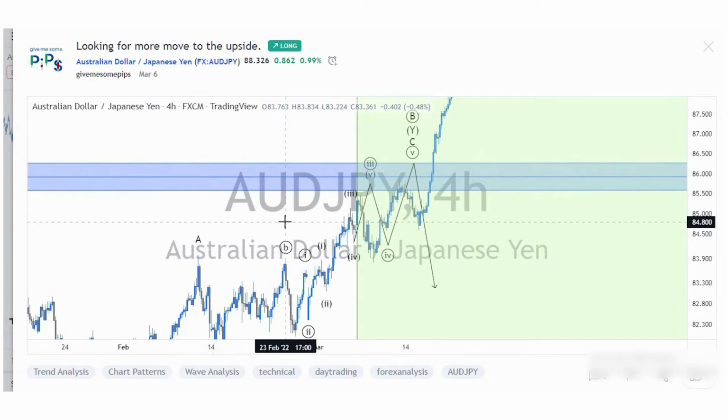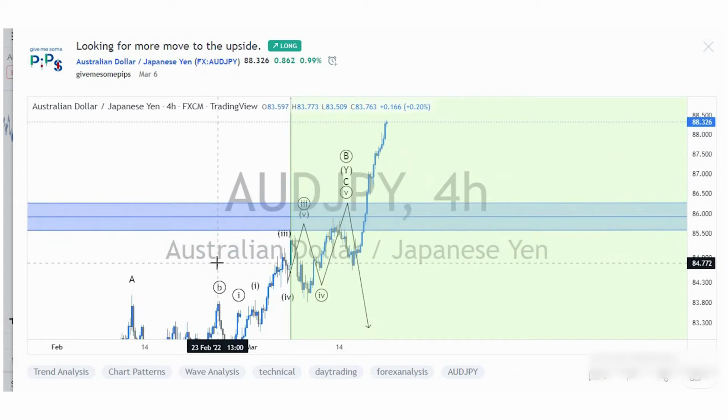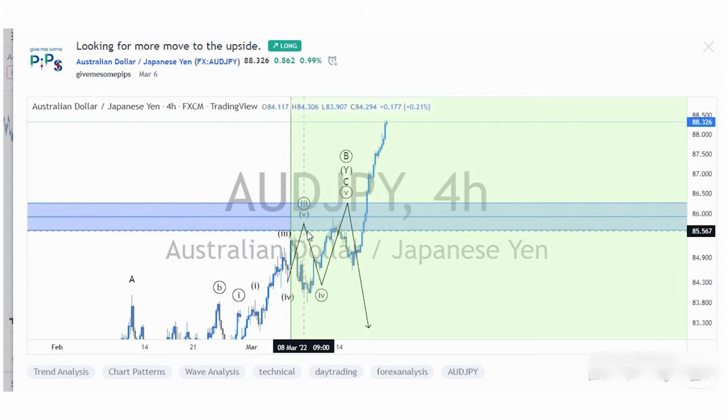So my analysis on the AUD JPY, as you can see, was long, and I did put these pathways, of which the price didn't move exactly the same way, and I really don't think honestly that is the purpose of this.